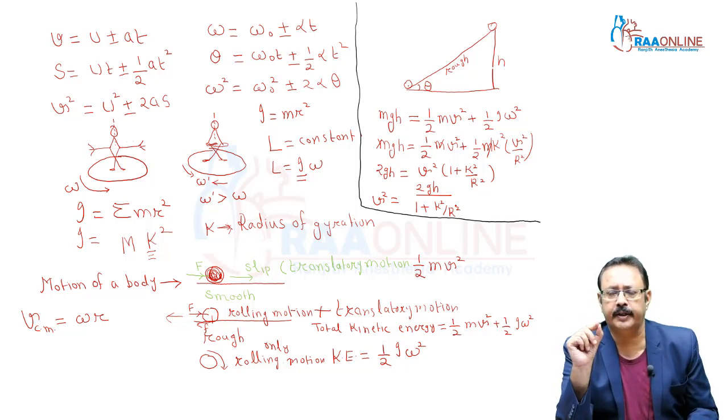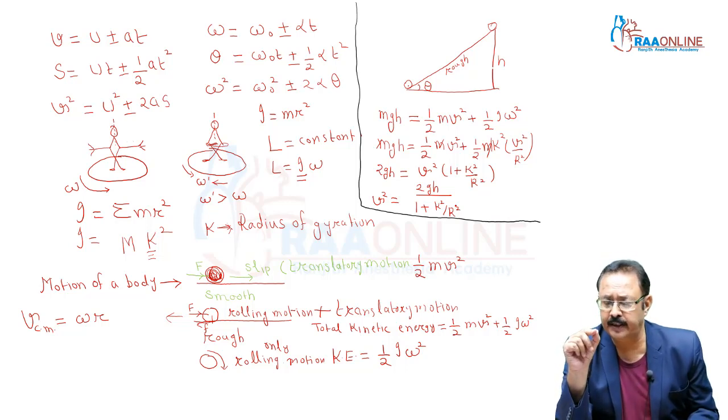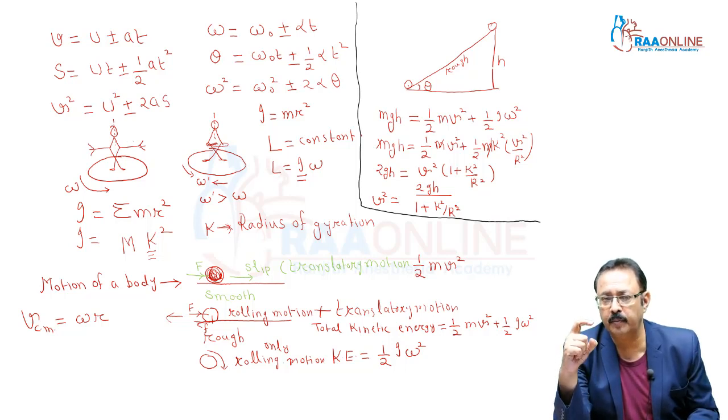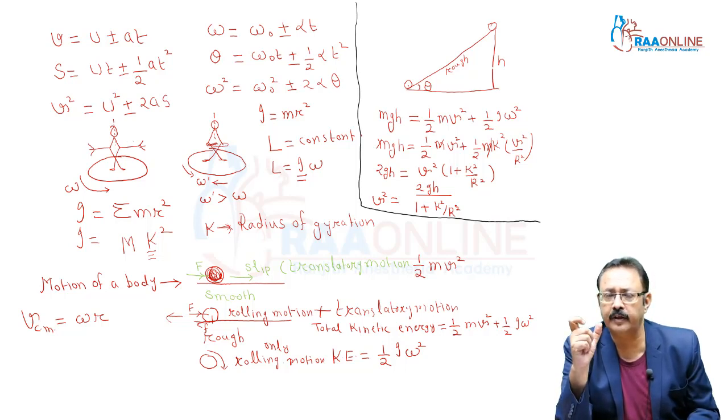If for one object k has more value, k is in denominator, the big value of k will make denominator big, it means whole number will reduce, so value of v will be less for that. So for which object k has greater value, that object will reach last, because velocity is less for that.